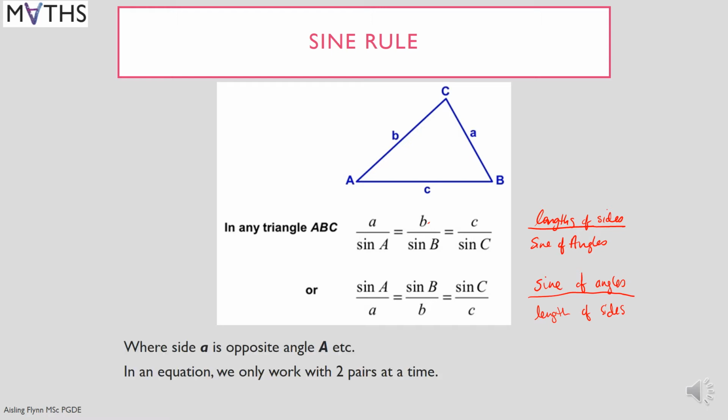Really we would only use 2 pairs at a time, 2 pairs of angle and sides, and we create an equation to solve whatever problem we're doing. We can use either version of the rule depending on what the unknown is. You will see that in our question in a moment.